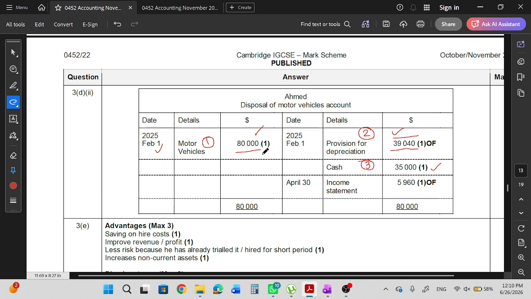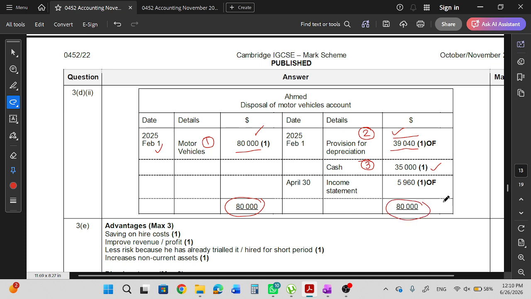Here 80,000 is on the debit side, and 39,040 plus 35,000 is less than 80,000. What will we do? We will write the total, which is the greater amount, 80,000, on both sides.